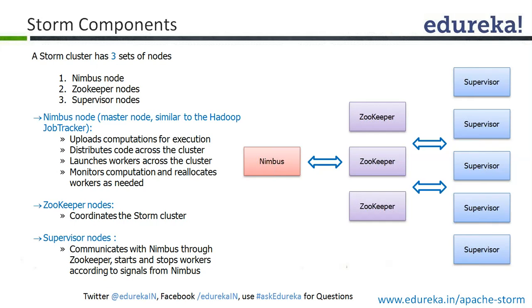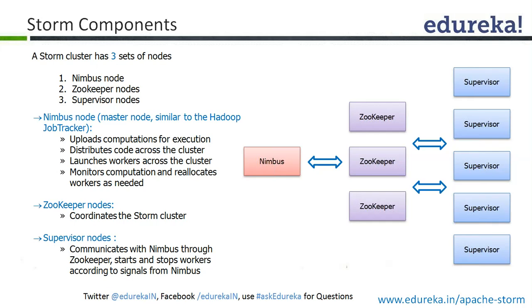And of course, Nimbus distributes the code across the cluster. It also launches the workers across the cluster. So supervisors are going to be your actual workers, wherein they execute your processes. And it also monitors the computation and allocates the workers as and when needed.